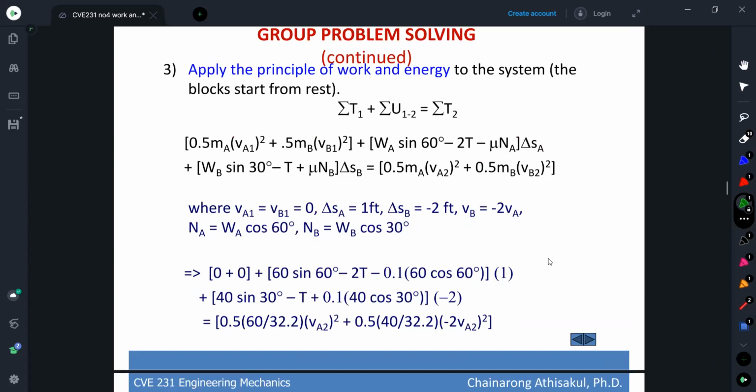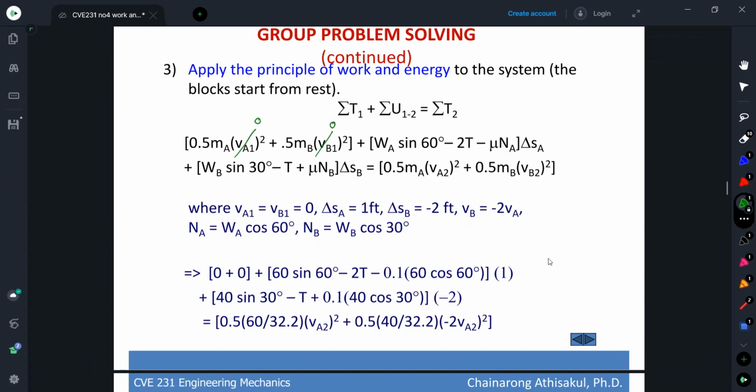Then we apply the principle of work and energy to the system. The blocks start from rest, which means VA1 is 0 and VB1 is 0 also.